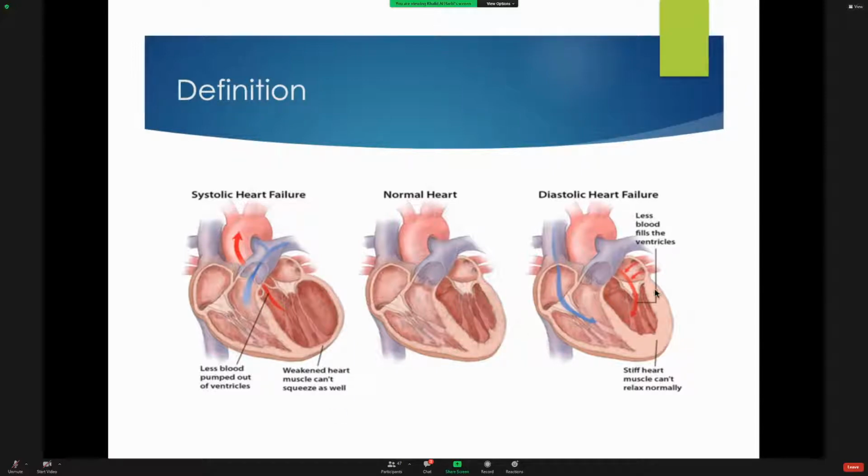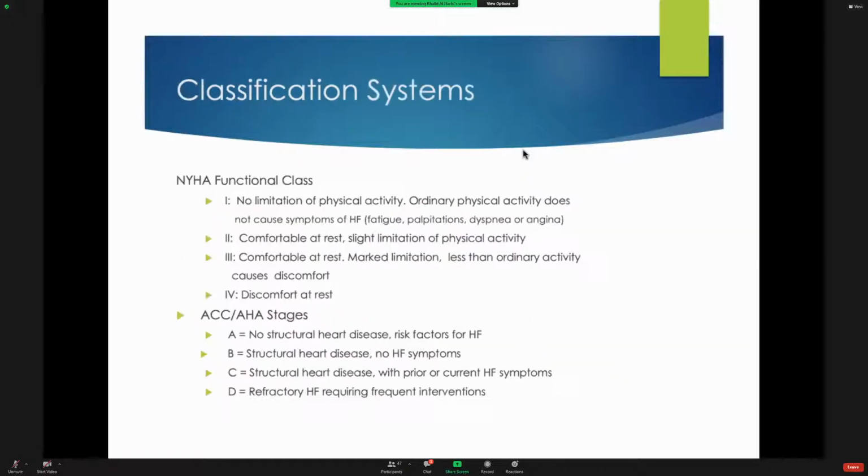In heart failure with preserved ejection fraction, you can see the thickness here is more, so less blood will be in the left ventricle, so less blood will be ejected to the body through the aorta. So this is the pathophysiology of heart failure with reduced and preserved ejection fraction.